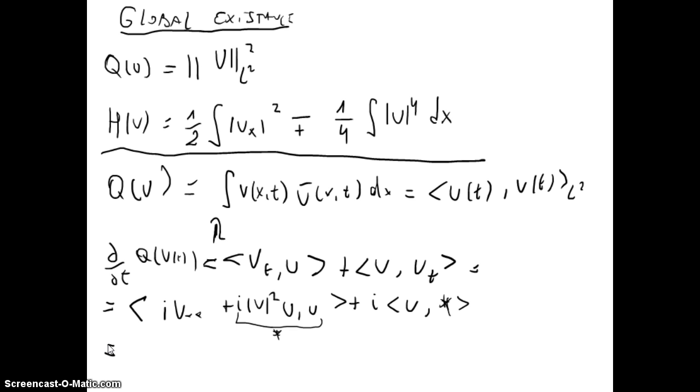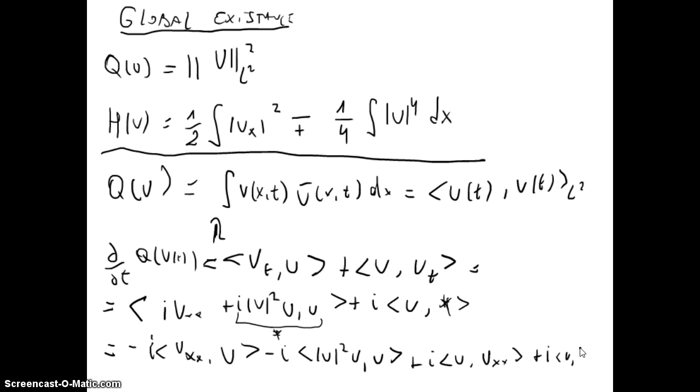And that will be equal to, well, we have to separate all the terms: minus i u-conjugate |u|^2 u, plus i u-conjugate u_xx, and i |u|^2 u.